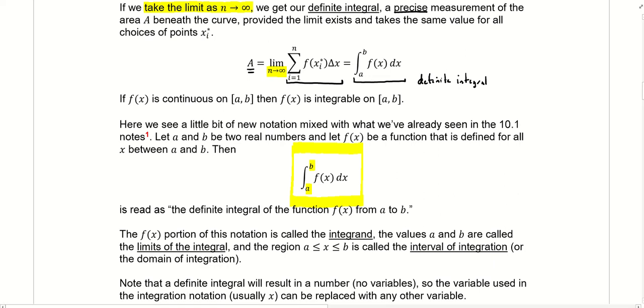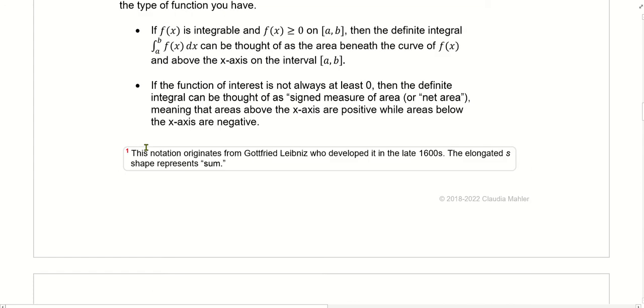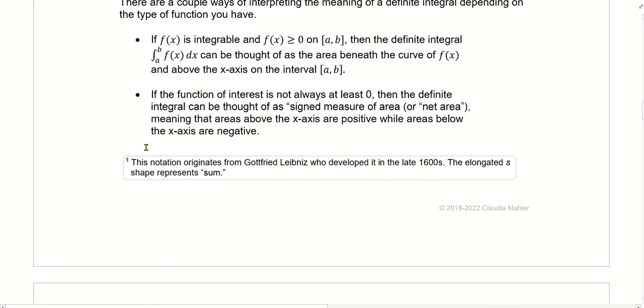Now, just a note about this notation, because it's kind of cool. This notation actually is one of the original pieces of notation of calculus. So if you go back to the late 1600s, early 1700s, when Newton and Leibniz were developing calculus independently from one another, Newton in England, Leibniz in Germany, this is one of Leibniz's original notations.